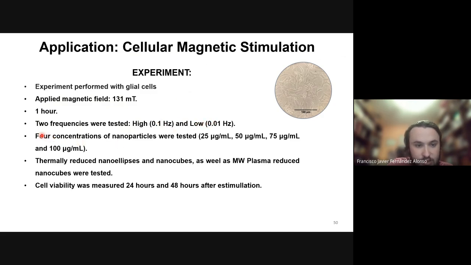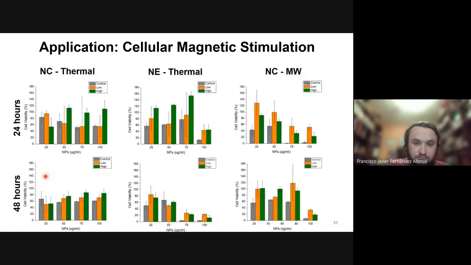For each frequency, we tested four concentrations of nanoparticles, and we tested the thermally reduced nanoliths and nanocubes, as well as the microwave plasma reduced nanocubes. And we measured cell viability for 24 and 48 hours after stimulation.